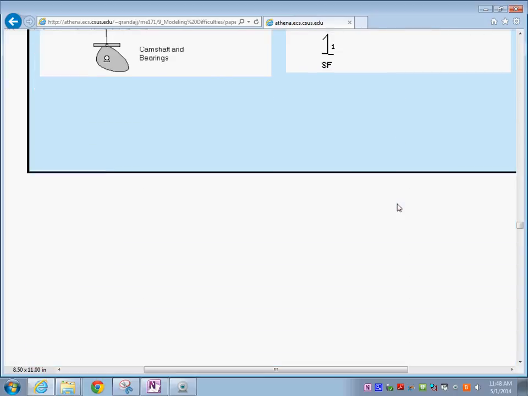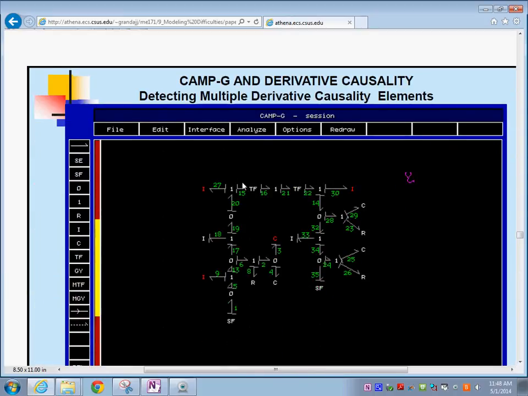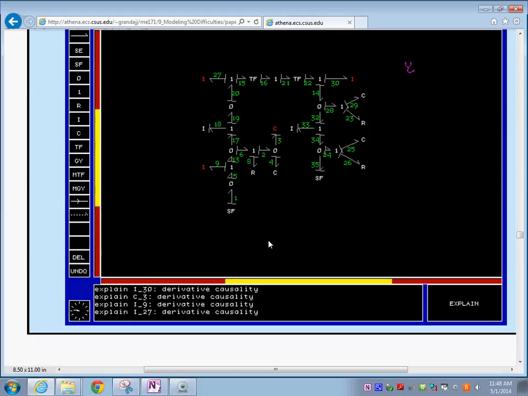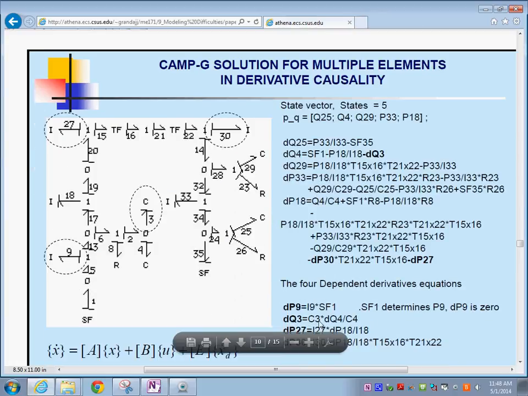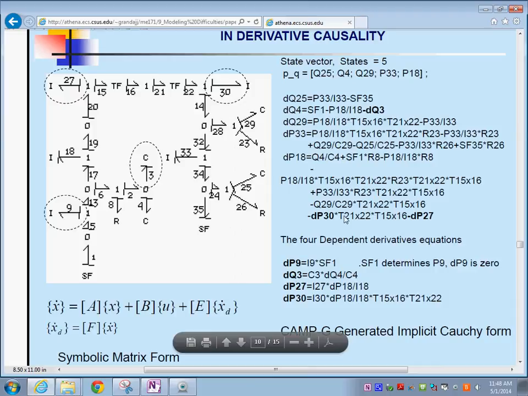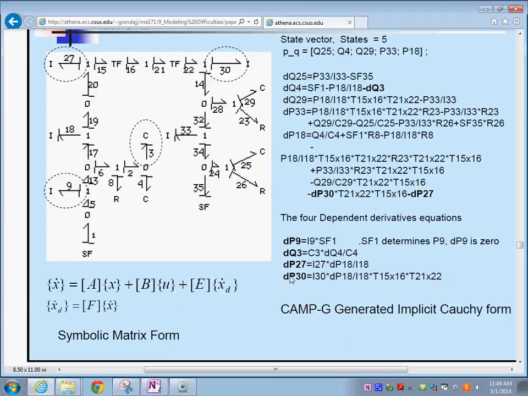No, by this method that I showed you, there are the four derivative forms, produce this set of equations for derivative forms, and produce these four dependent derivative equations also in the form that I have shown you.